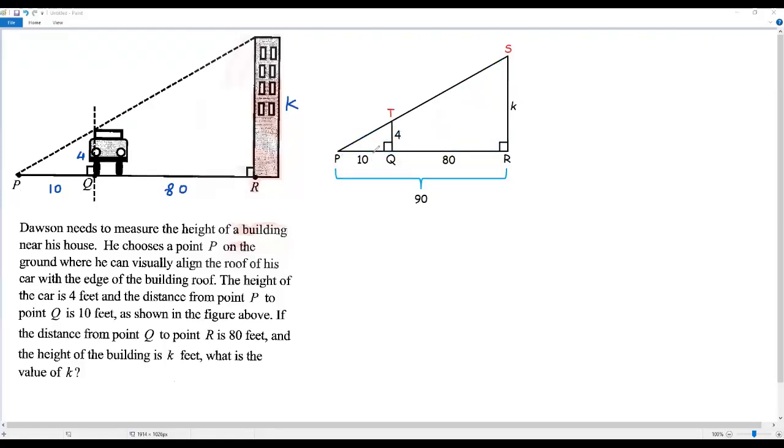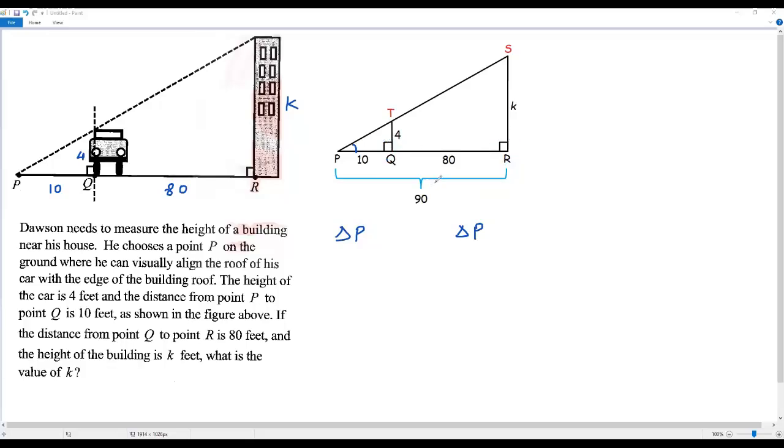Okay, here for these two triangles, P is a common angle for the bigger triangle PRS and for the smaller triangle PQT. So let me take the vertex P in the bigger triangle and the smaller triangle as well. Now the angle measure Q is a right angle, and the angle measure R is also a right angle.